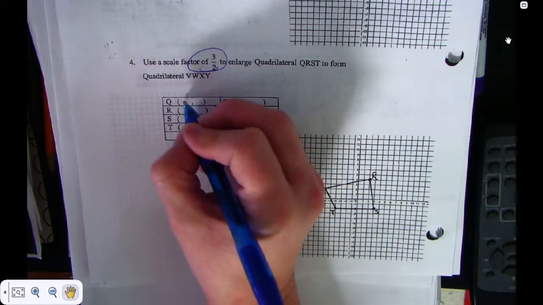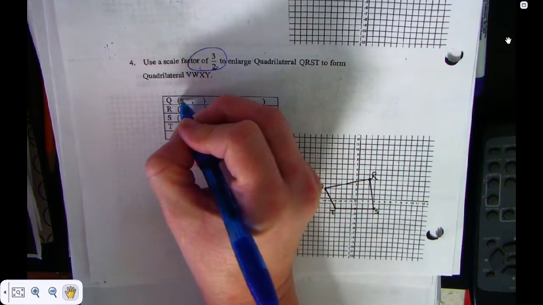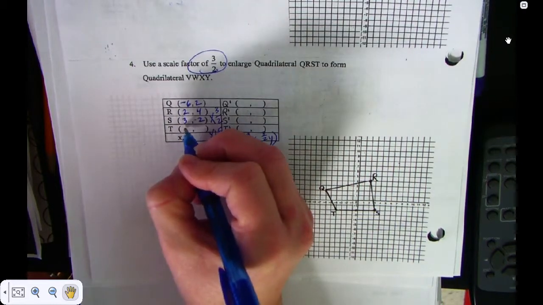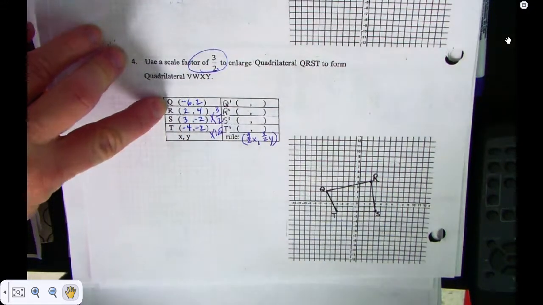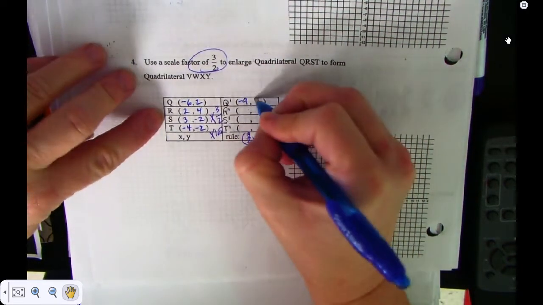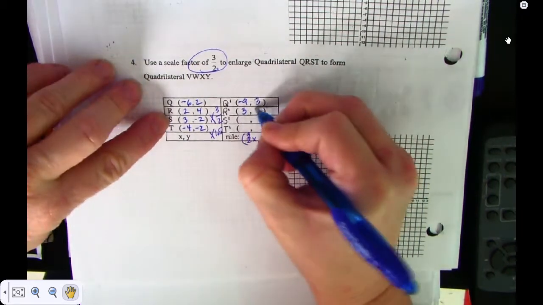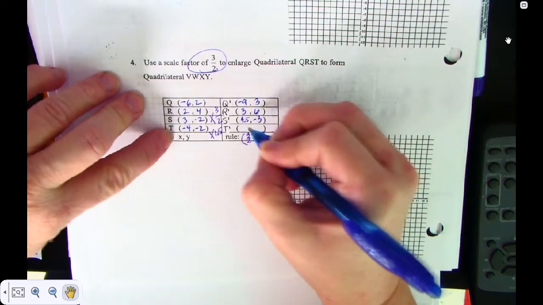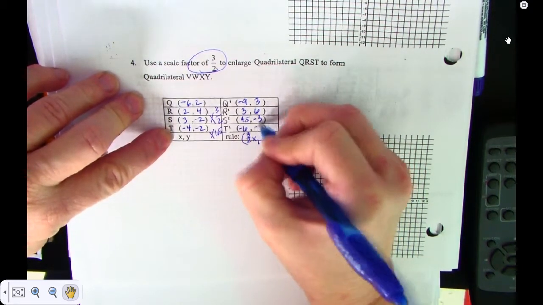Hayden, Q. Good. Okay, so when you multiply by 1.5, you got everybody together. -9, 3, 3, 6. Good. I didn't hear everybody.